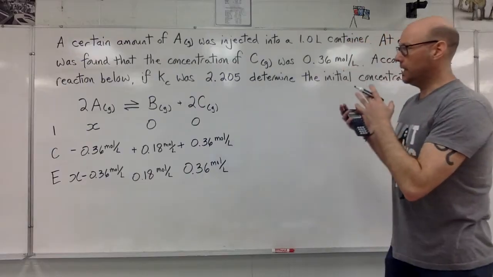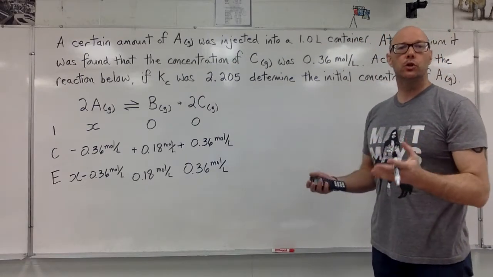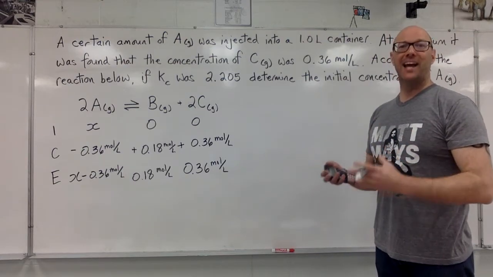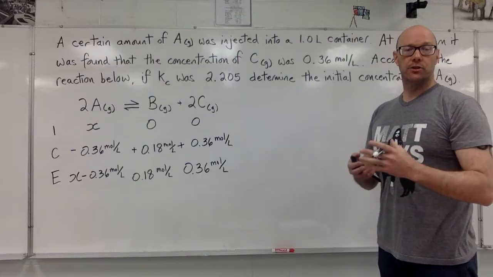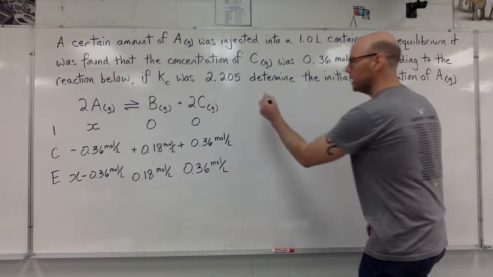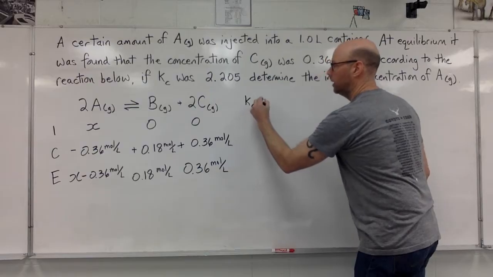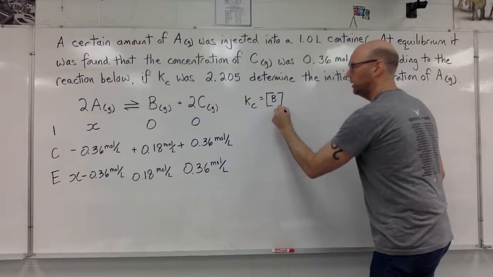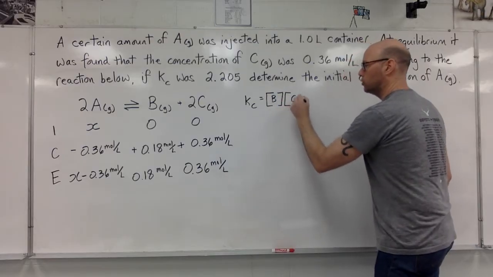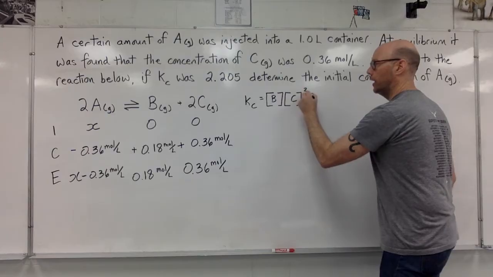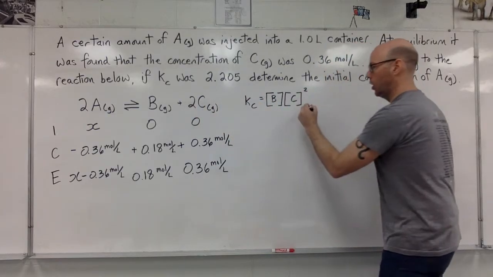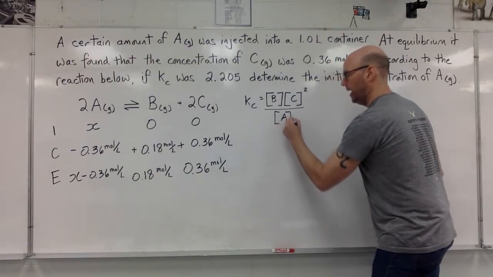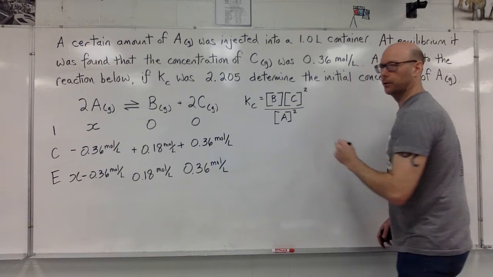We have the equilibrium constant given to us, 2.205. So now what we're going to do is set up the equilibrium law and solve it for the unknown concentration of chemical A. Here, the equilibrium law is equal to the concentration of chemical B multiplied by the concentration of chemical C squared, because it's balanced with a 2, over the concentration of chemical A, also squared.